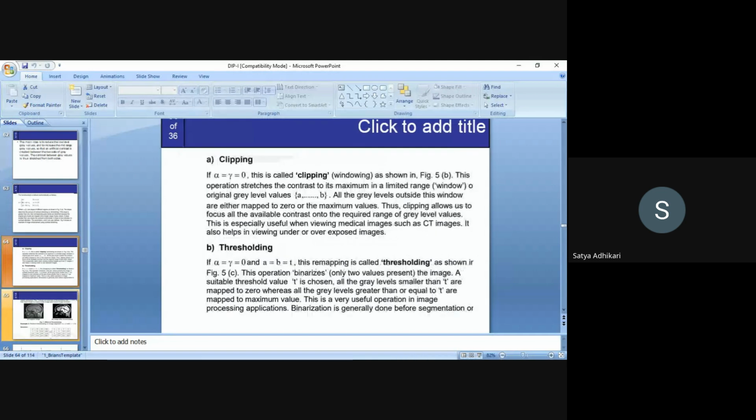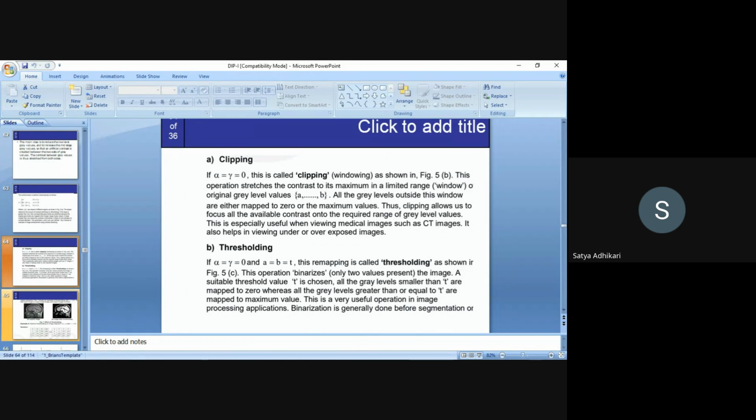There are two types of techniques used for these purposes. One is clipping, another is thresholding. Clipping stretches the contrast to the maximum value in the limited range of original gray level values A to B, but we have to convert it to its maximum value. All the gray levels outside this window are either mapped to 0 or the maximum value.